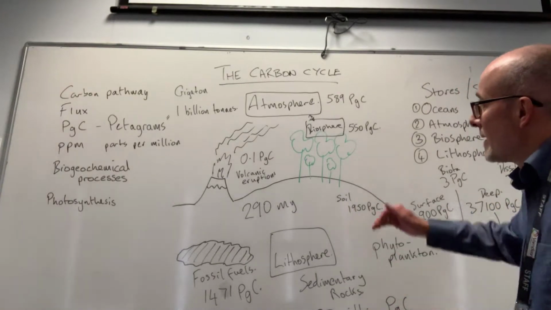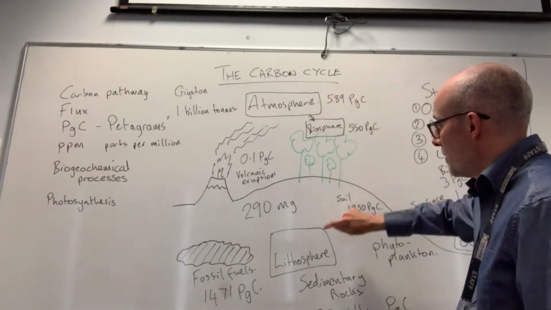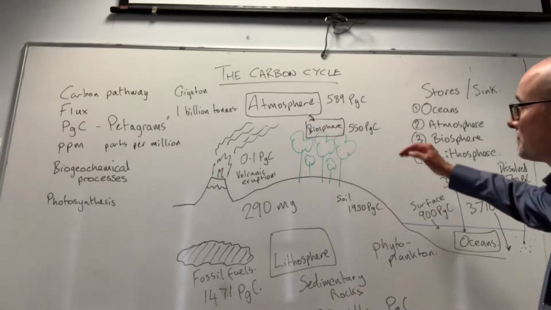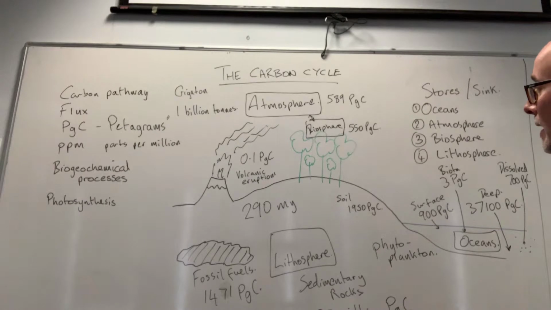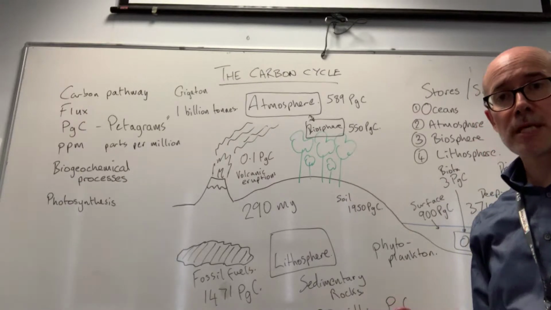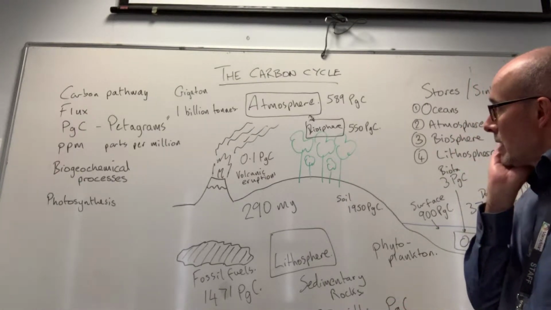And then we've got the four stores, so atmosphere, biosphere, lithosphere, and oceans, shown on there. Now, what I've also added on here are some numbers, which hopefully you can make out. And the numbers relate to the amount of carbon that exists in that particular store.